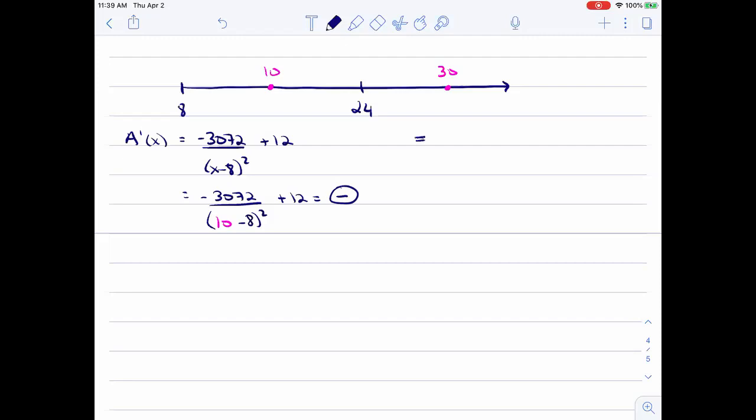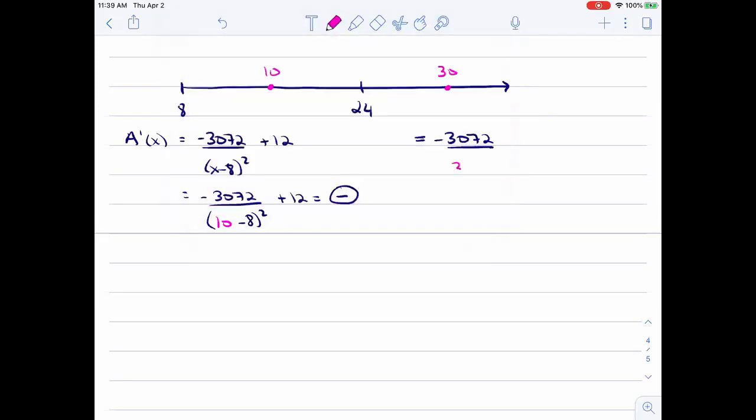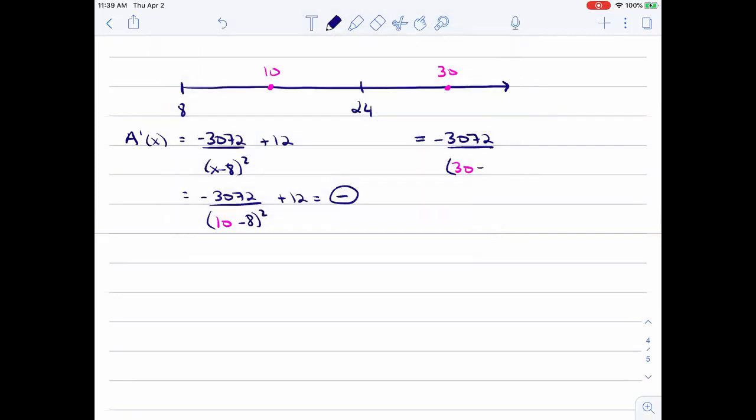Whereas here, we've got negative 3072 over, let's do 30. Just any number in that interval will do. Let's see if it's positive or negative. 30 minus 8 is 22.